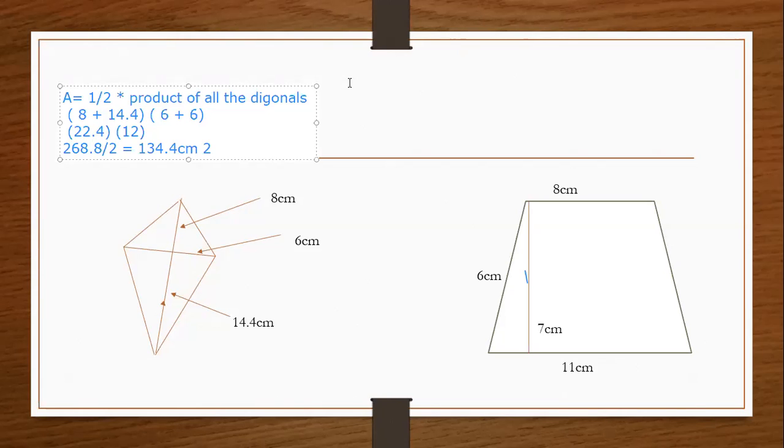Nice one. I'm getting beautiful answers. And now you are finding the area and the perimeter of the trapezium here.